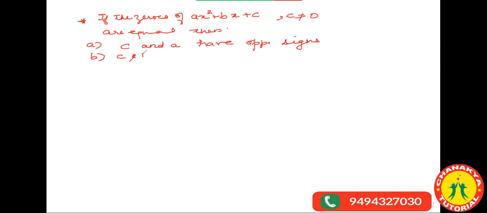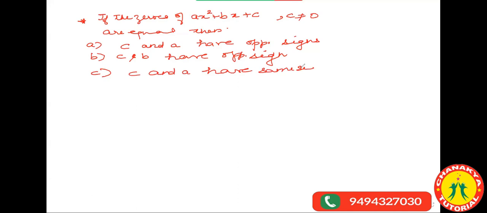B, C and B have opposite signs. C, C and A have same sign. D, C and B have same sign.